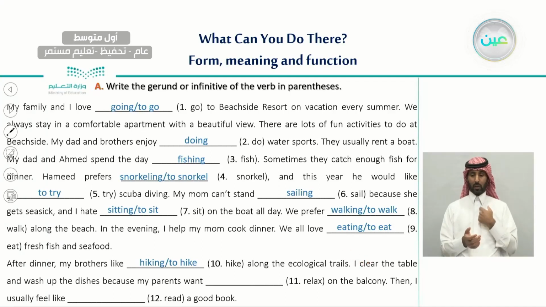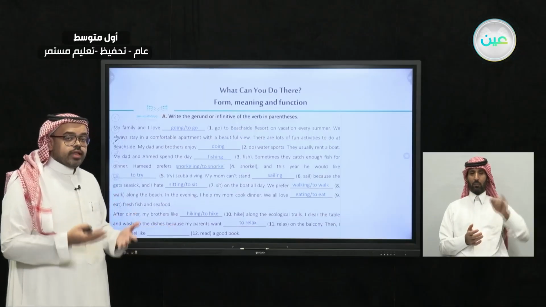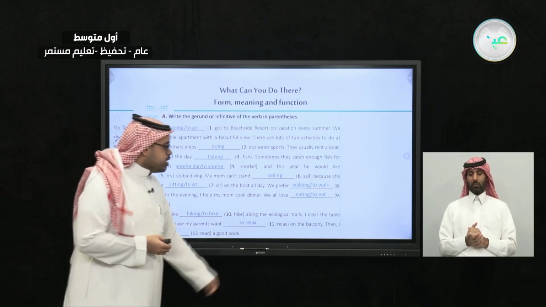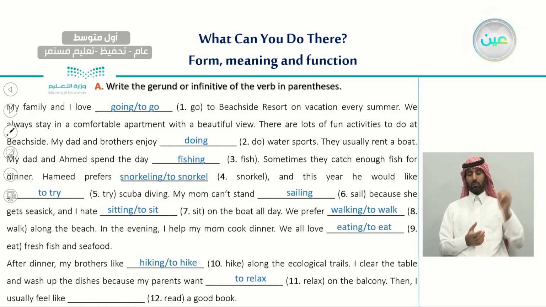I clear the table and wash up the dishes because my parents want plank relax. So want is the kind of verb that we use with the infinitive, want to relax. On the balcony. Then I usually feel like read a good book.